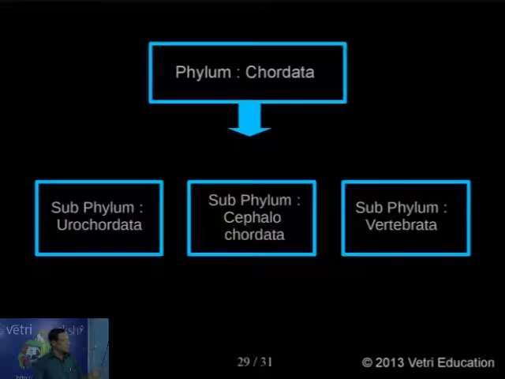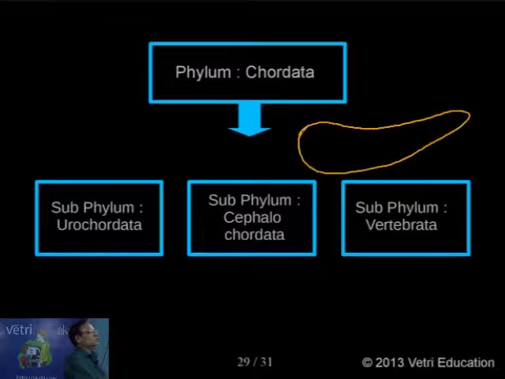That too, the Urochordata animals have the notochord only in the tail region. Suppose, for example, this is the simplest larval stage. It is called a tadpole larva.